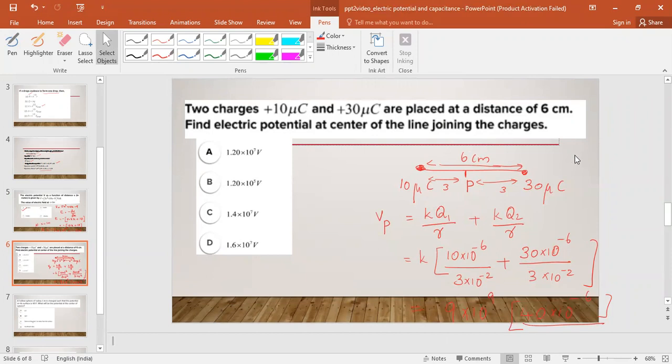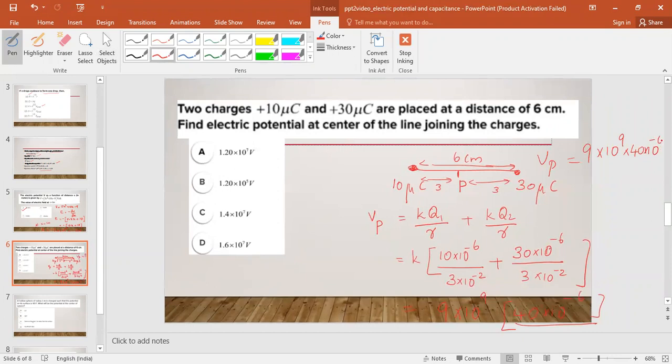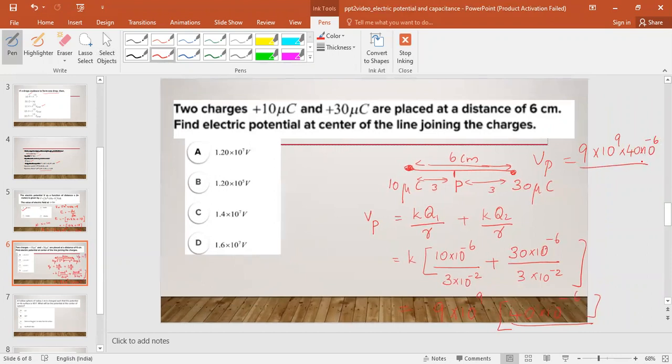So this potential Vp we can write as Vp is equal to 9 into 10 raised to 9 into 40 into 10 raised to minus 6 divided by 3 into 10 raised to minus 2.